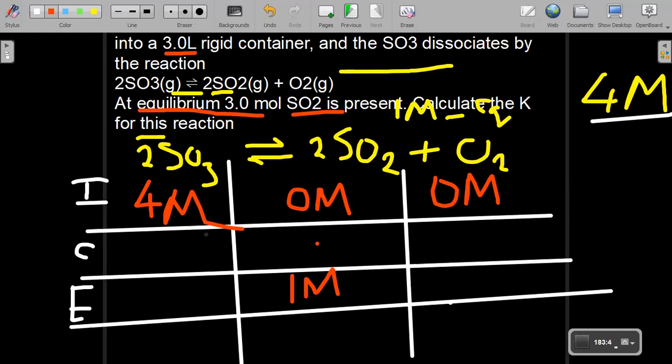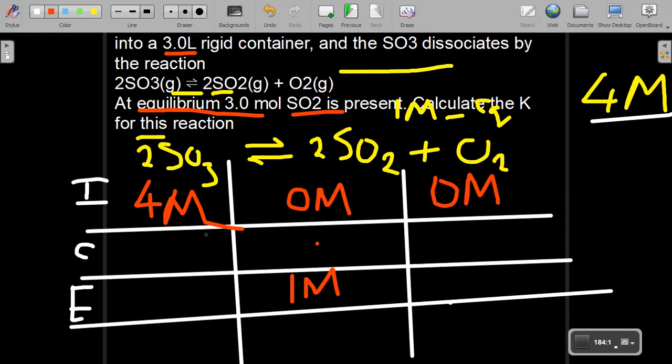Okay, if you don't have any questions, it's time now to indicate the changes that we should expect to occur. We indicate them in terms of the stoichiometric coefficients of both the reactants and the products. The reactants are supposed to be negative, and the products are supposed to be positive. Why negative for the reactants?